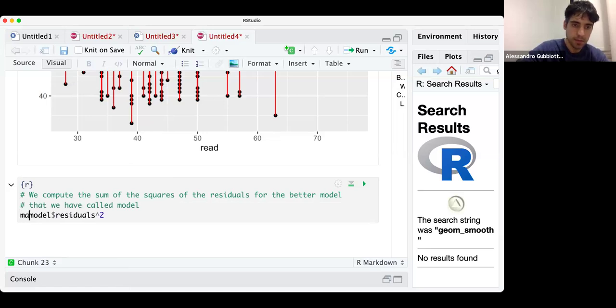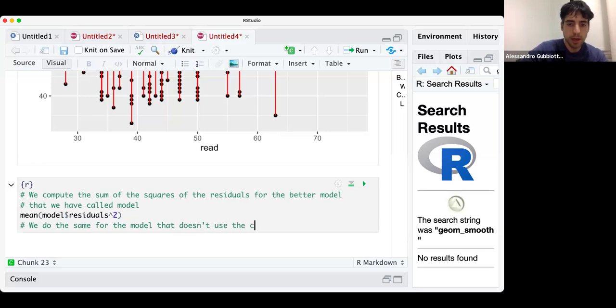We take the mean. Then we do the same for the model that doesn't use the variable x. We have called it actually model 2.